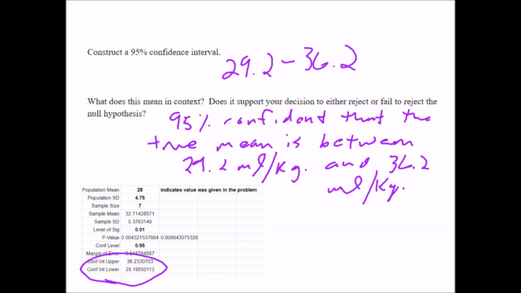We rejected it, and it does support that because we're 95% sure. 95 out of 100 samples that we take are going to have a sample mean that's in between these two numbers, 29 and 36. Now, the null hypothesis saying that it's 28 doesn't fall within that 95% confidence interval, so the fact that we rejected it makes sense with what we're saying here too. So you could write something like that. Does it support? Yes, I guess if you want to just write a one-word answer.